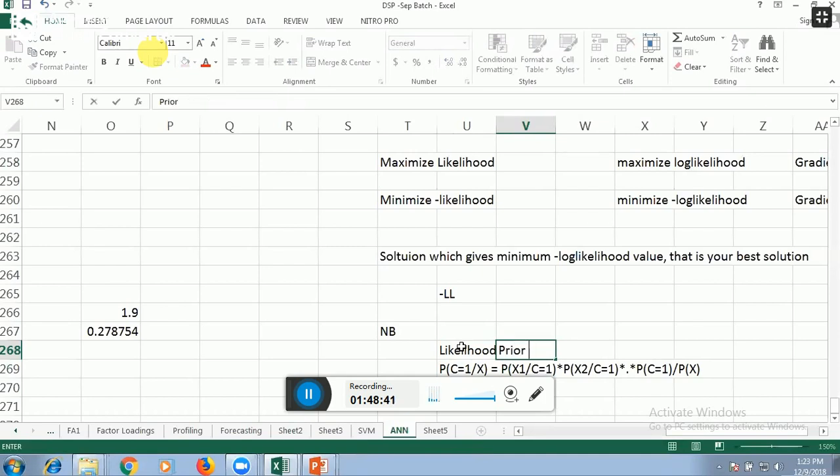In similar lines, the likelihood for probability of c equal to 1 you got, and similarly probability of c equal to 0 I could also get. So this is the probability of x1 given c equal to 1, probability of x2 given c equal to 1, and so on.